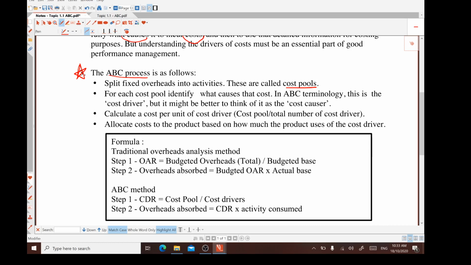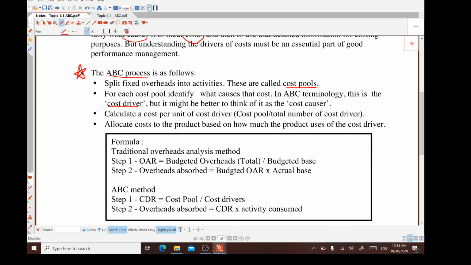The traditional method only considers one total fixed overhead cost. They include everything. But here we analyze them into different types of activities. Number 2, for each cost pool, we have to identify what causes that cost. In ABC terms, this is the cost driver, as we mentioned, but it might be better to think of it as the cost causer.